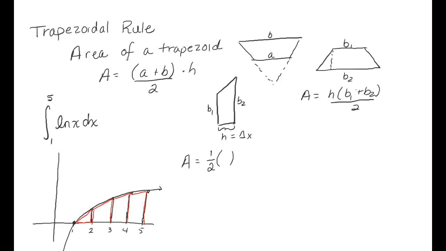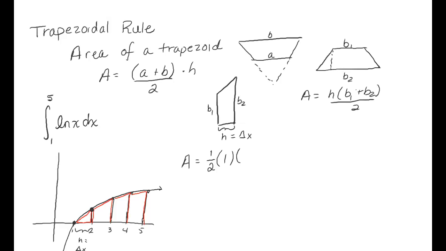Now, keep in mind, the height of the trapezoid is actually this distance. There's the height. The height is the delta x value. And in this case, the height is 1. And the 2 bases are the 2 y values. So the 2 bases are this y value and this y value.